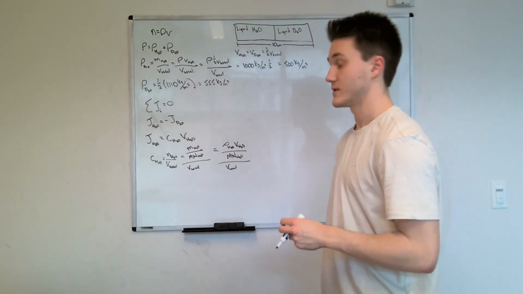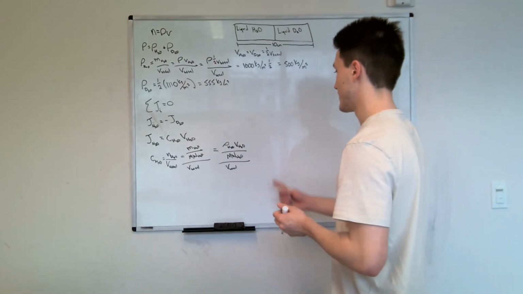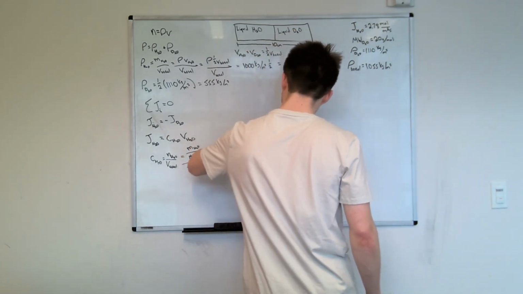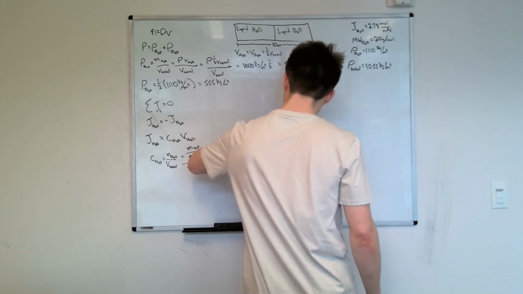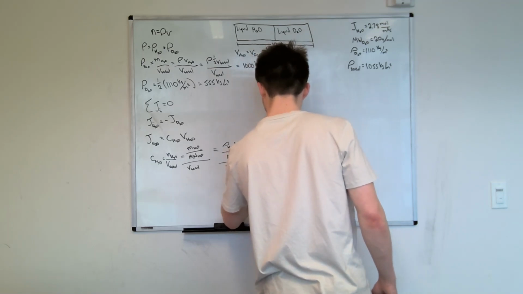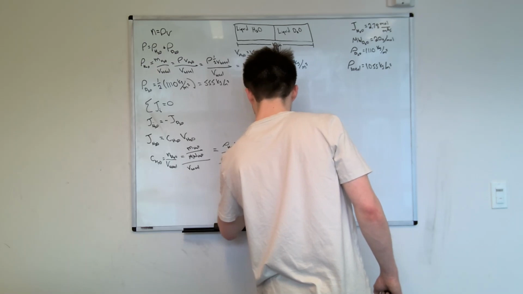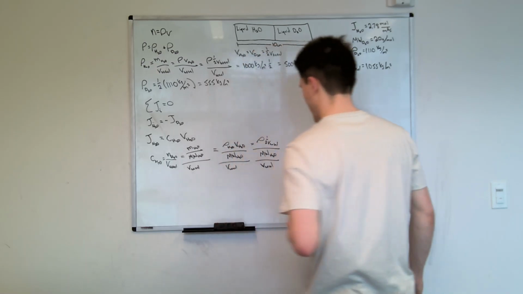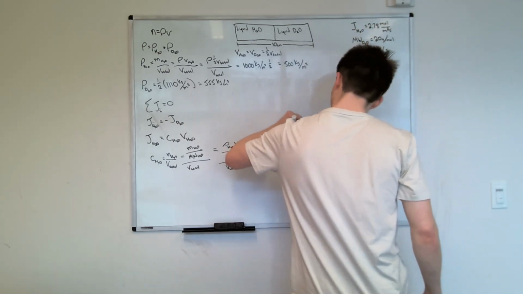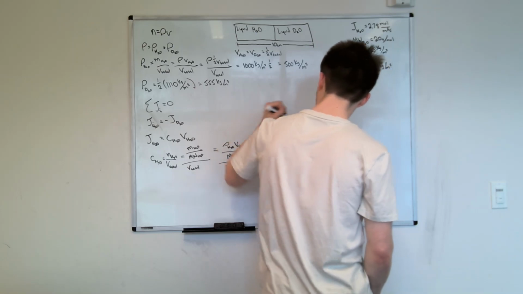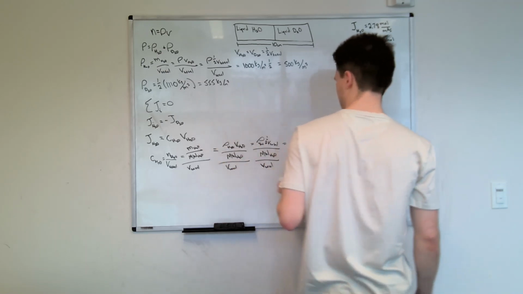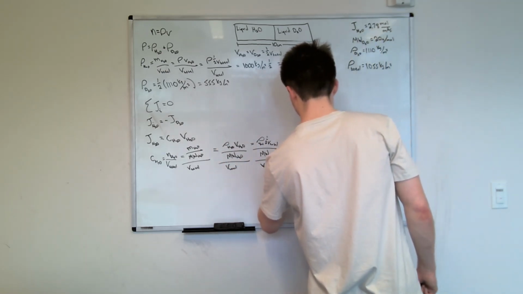So using the same process as when we were solving for the mass concentration, we know that the volume of H2O is equal to half the total volume. Being able to cancel out the total volumes leaves us with 1/2 the mass concentration of water over the molecular weight of water.